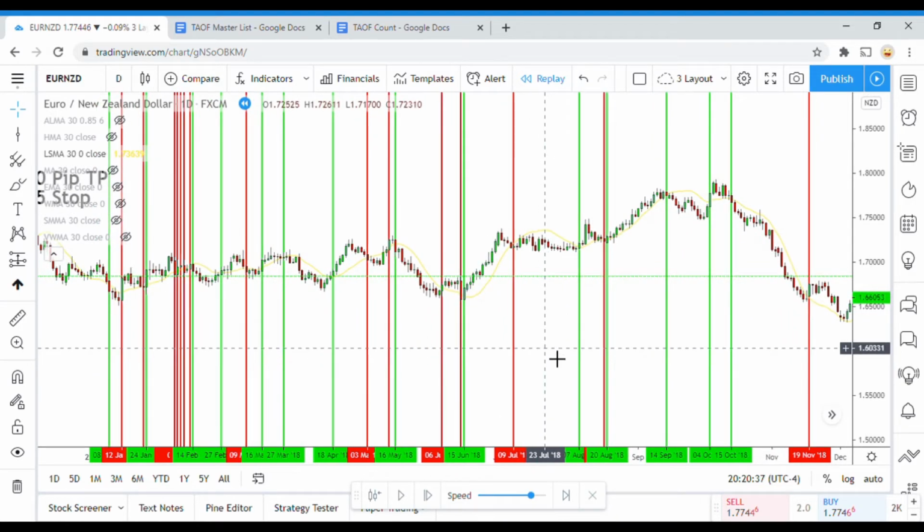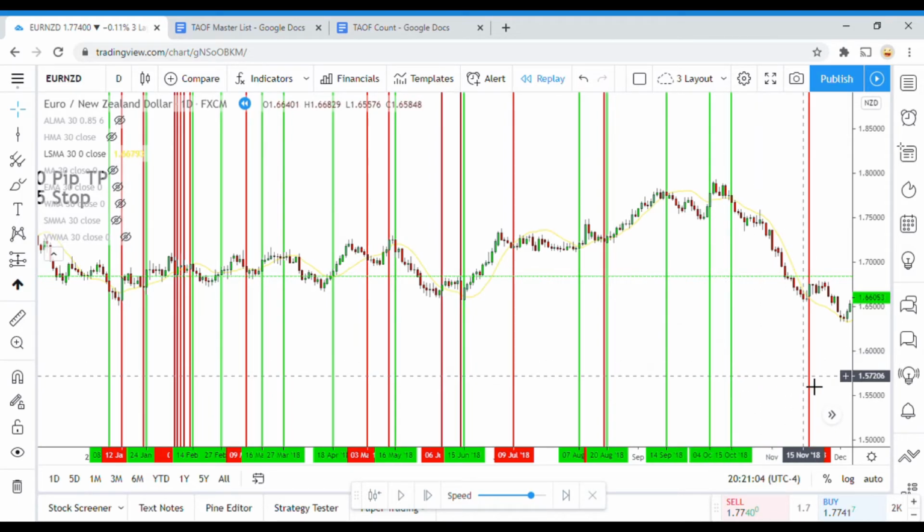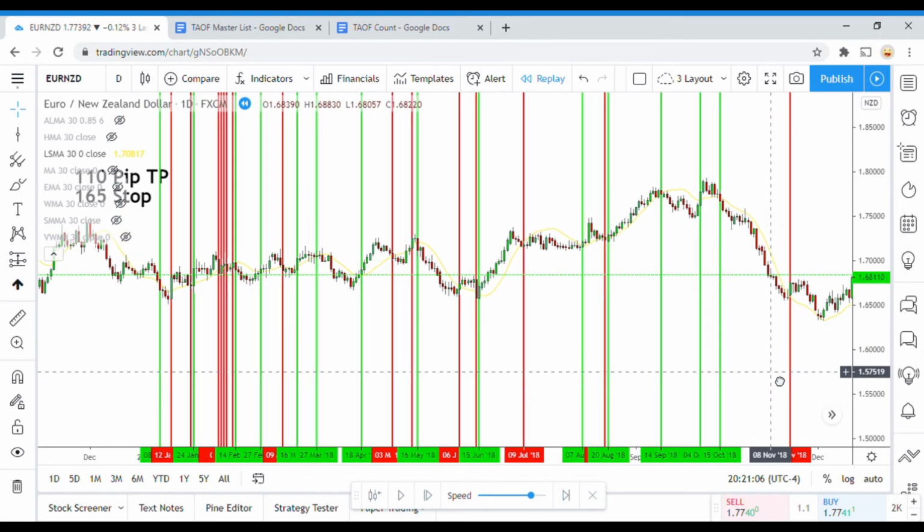Alright, so least squares. This is what it has given us. Let's count these out here. 1, 2, 3, and so on up to 29.